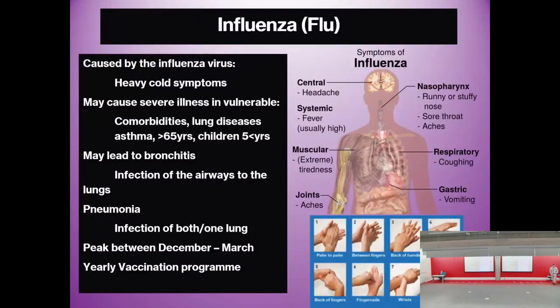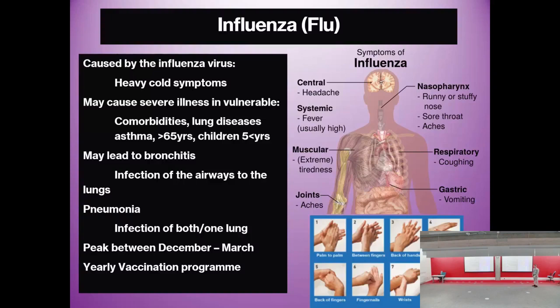Okay, this is flu. Unfortunately, most of us have experienced flu. If you have an immunocompromised individual, so someone who's got an autoimmune disease like Crohn's or colitis, or asthma, a lung disease, type 2 diabetes, cardiovascular disease, types of cancers, you will be more vulnerable to flu.